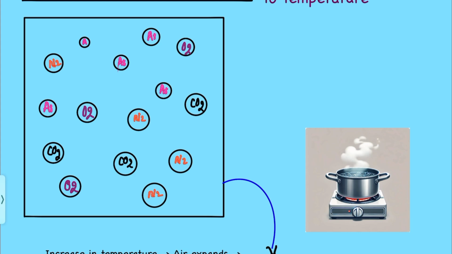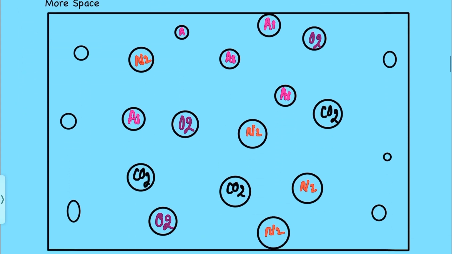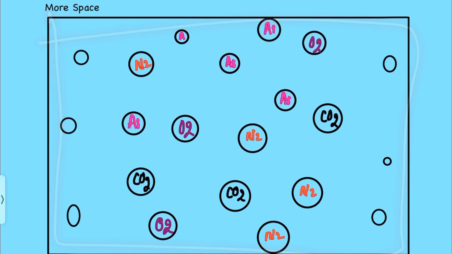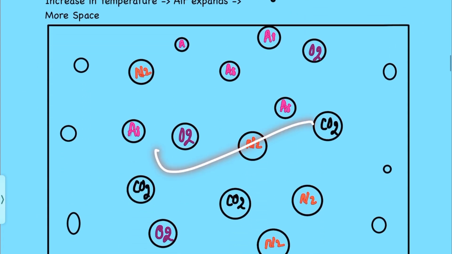For example, this volume of air, after absorbing the sun's energy, grows like this and becomes like this. Now tell me whether this has more space between the molecules or this has. Obviously, this one has more space between the molecules, and now this air can hold a lot of water, right?